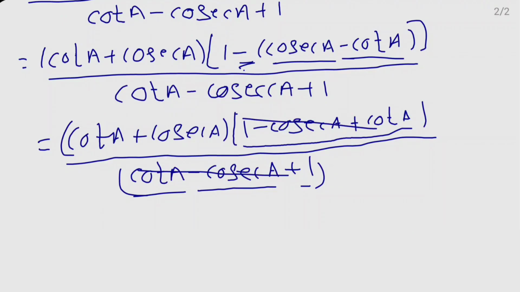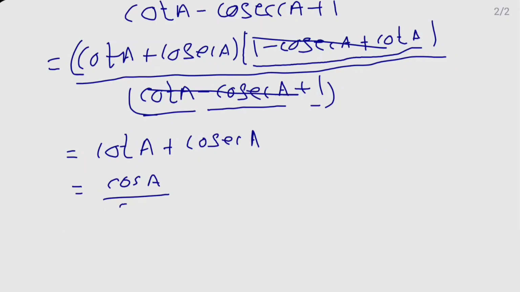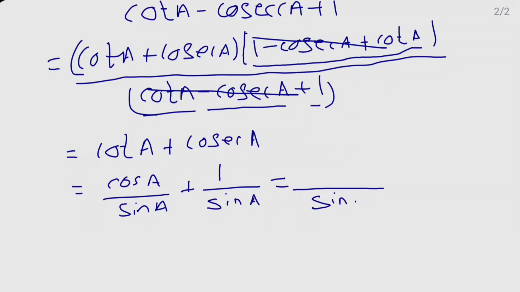So now the remaining terms here are cot A plus cosec A, and this equals, cot A you can write as cos A divided by sin A, plus cosec A we can write as 1 by sin A, and this equals, here take sin A as the LCM, sin A, and here we got cos A plus 1, equal to RHS, hence proved.